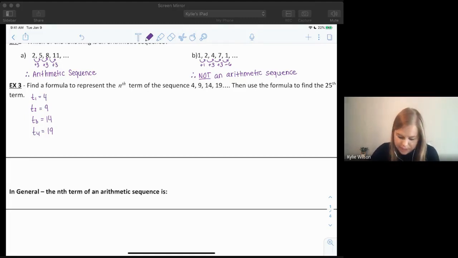So for me to get from 4 to 9, I'll add 5. For me to get from 9 to 14, I'll add 5. And for me to get from 14 to 19, I'll add 5. So the first thing we've done is we have proven that this is an arithmetic sequence. So that's good. And now let's start figuring out a formula.